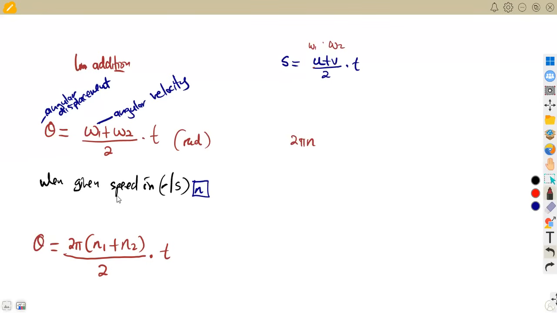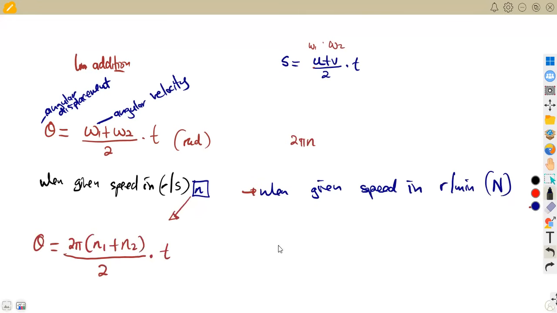Instead of converting to omega, you can simply use this formula when you are given your speed in revs per second. But when we are given speed in revs per minute, it's best for us to use capital N for speed in revs per minute.